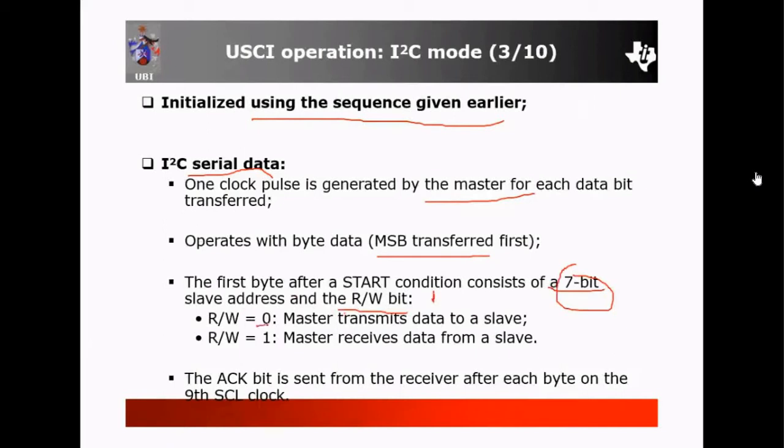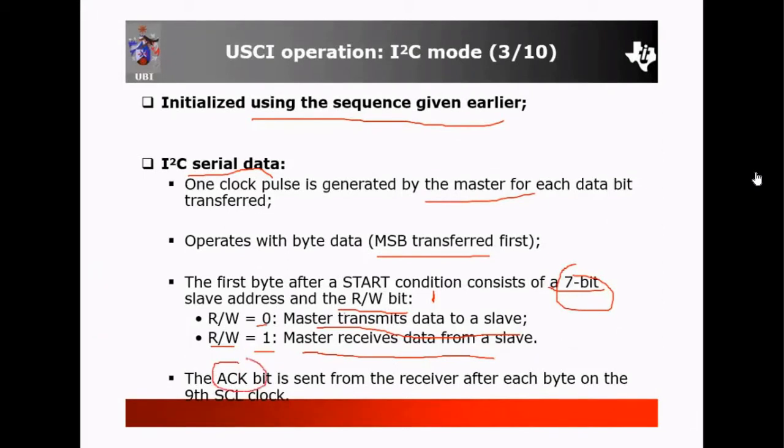Read-write equal to 0 means the master transmits data to a slave. Read-write equal to 1 means the master receives data from the slave. So 1 bit defines whether the master transmits or receives the data. Whenever the master transmits the data, it transmits to the slave. Whenever the master receives the data, it receives from the slave.